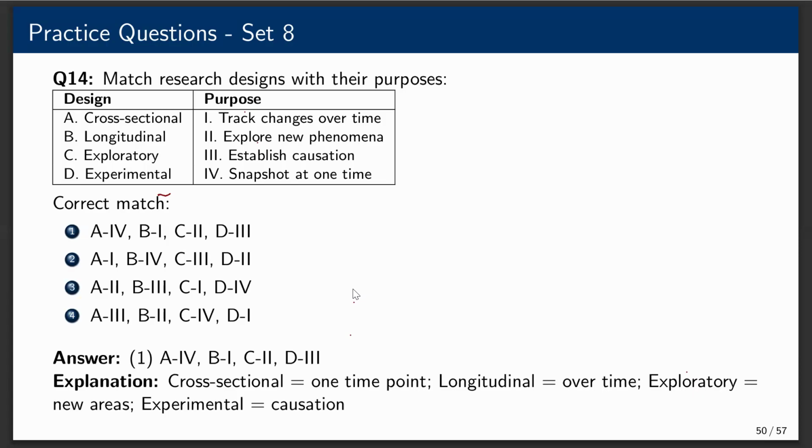No. Cross-sectional means snapshot at one time. Then B, longitudinal means which one? Track changes over time. Exploratory, C is second: explore new phenomena. D, experimental.